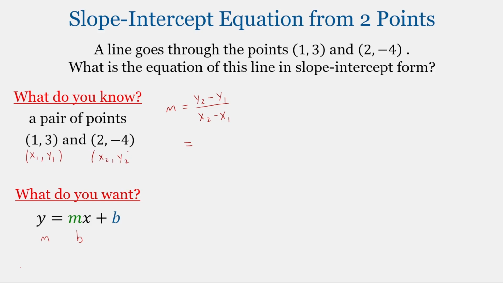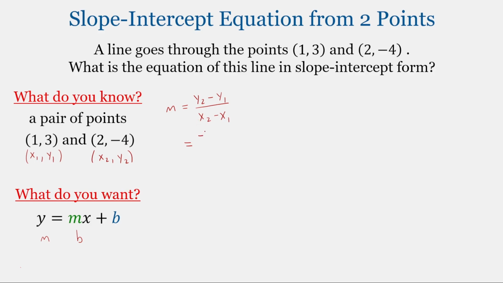It doesn't really matter which one is your first point and which one is your second point. What matters is whichever y you're going to subtract from, so this y sub 2 value, we subtract y sub 1 from y sub 2. So this first y value we grab, we need to make sure we also subtract from its x value.